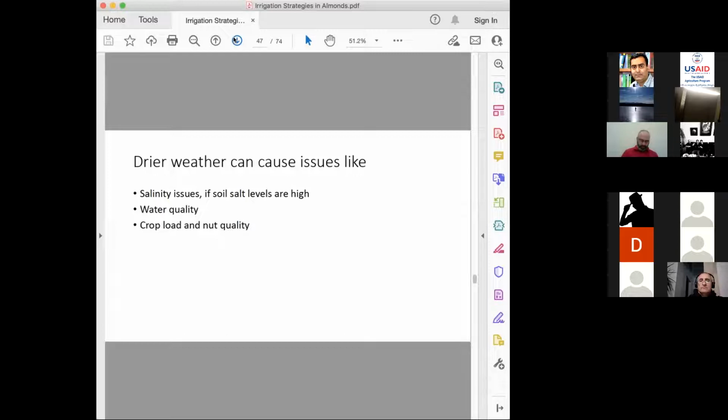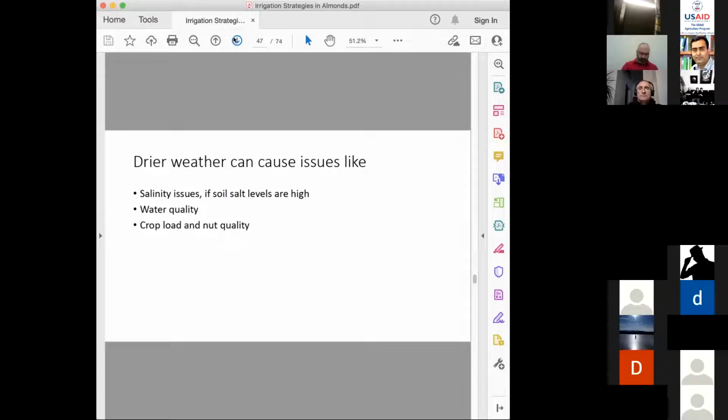If you have a really good soil, but your water is not good quality, if your water is high pH, and if your water contains salts, eventually your soil is going to be salty because you are applying that water week in, week out. So your soil becomes just like your water over the years. So you need to pay attention to your water quality.